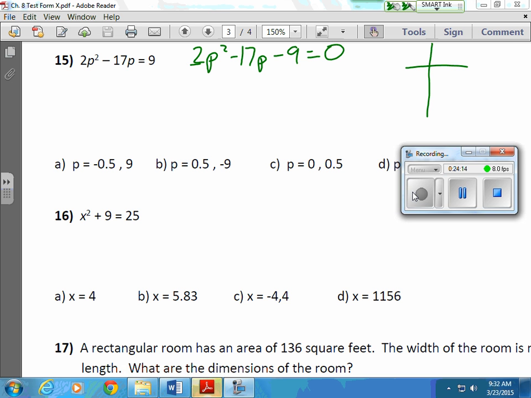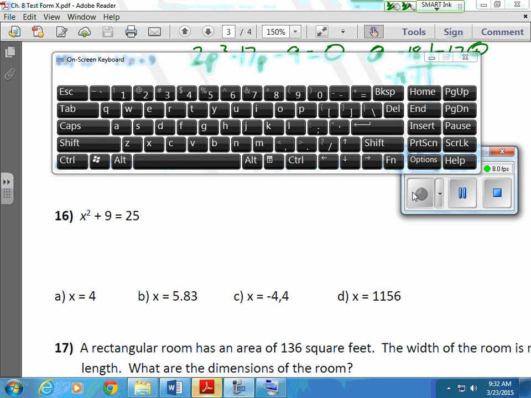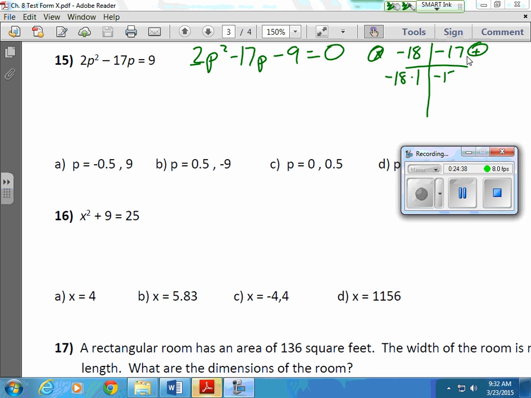So 2 times negative 9 is negative 18, and then to add up to negative 17. Well, I think I know what that would be. Negative 18 times 1 is negative 18, plus 1 equals negative 17.